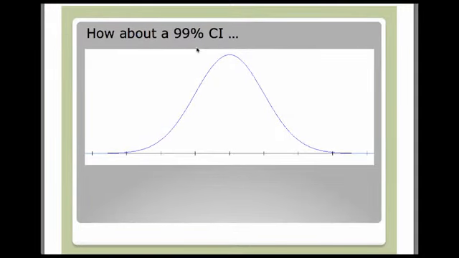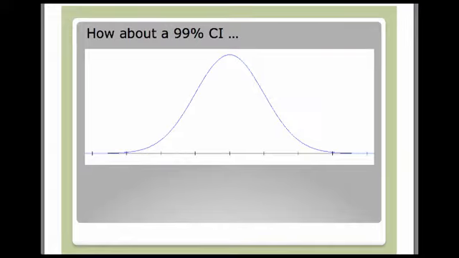So we've got one more to do. A 99% confidence interval. If we're talking catching 99%, we're talking almost everything. Remember again the empirical rule that 99.7% of the data is going to fall within 3 standard deviations.